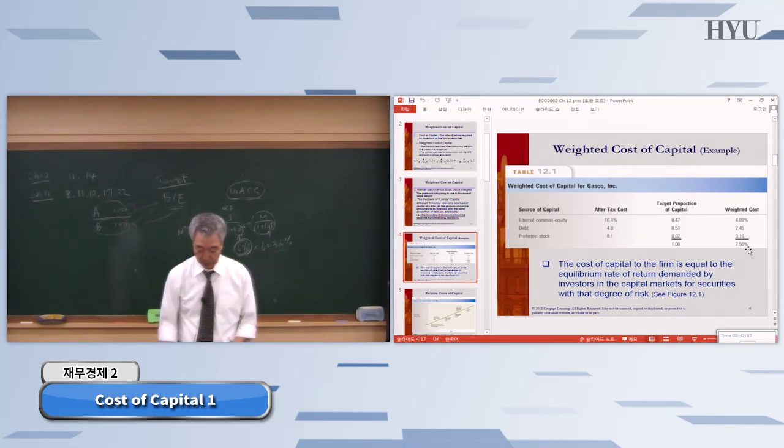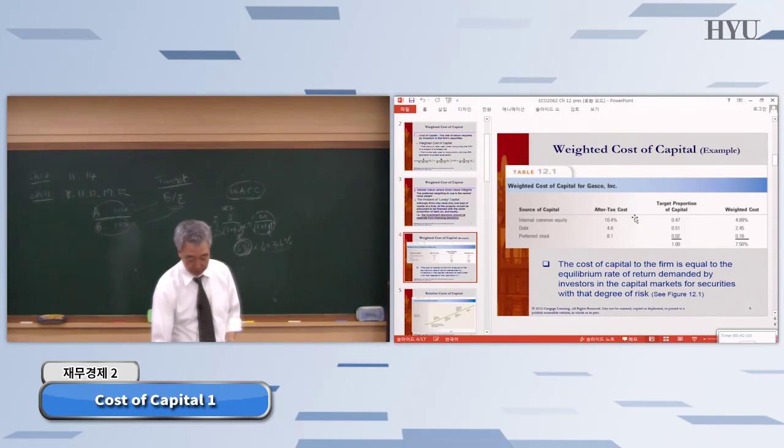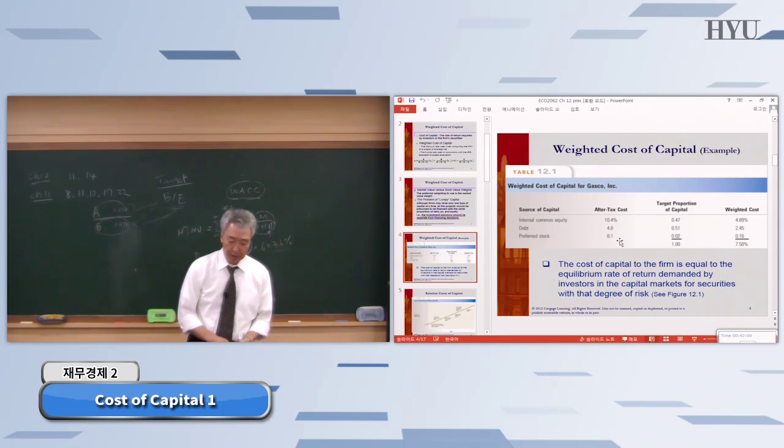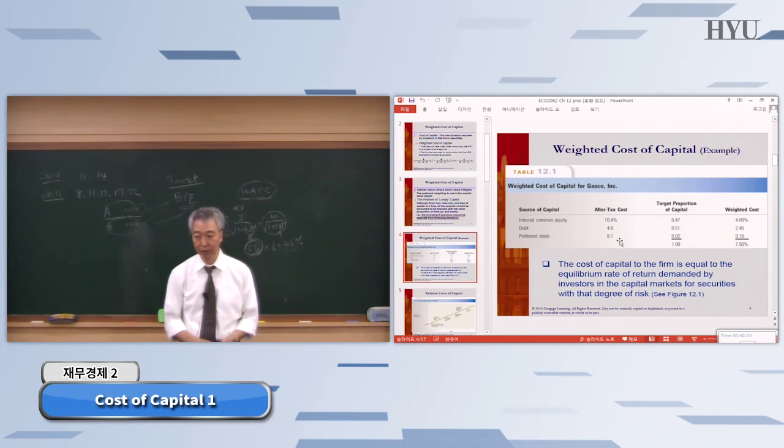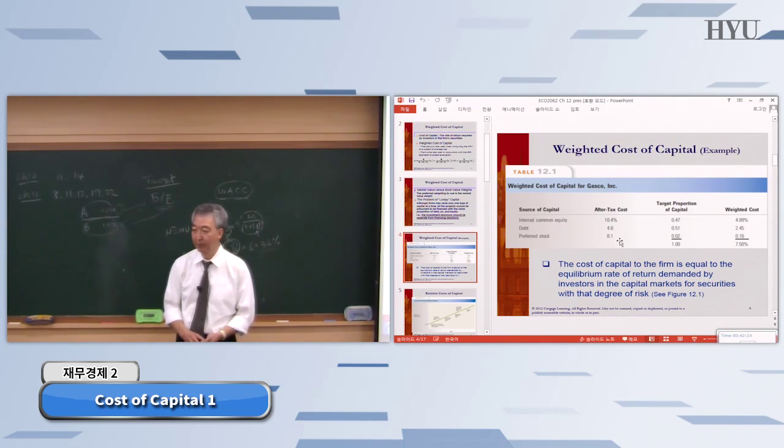I think it's talking about this after-tax cost, 10.4%, 4.8%, 8.1%. How did we come up with those rates? Who determined those rates? Any idea?